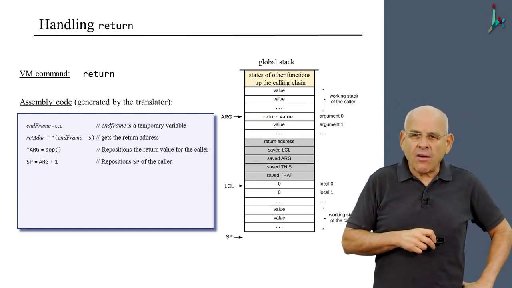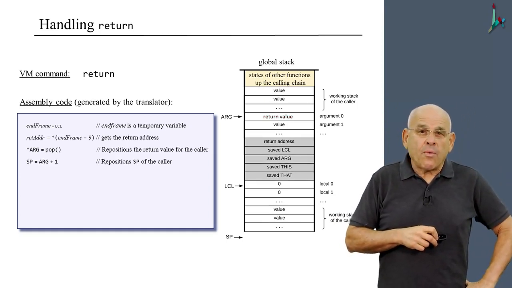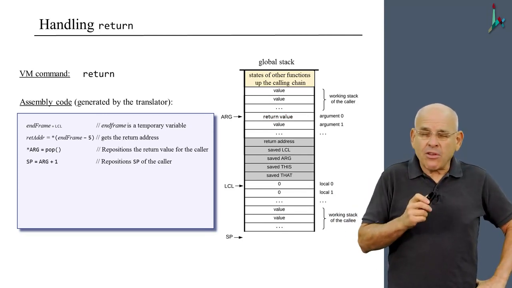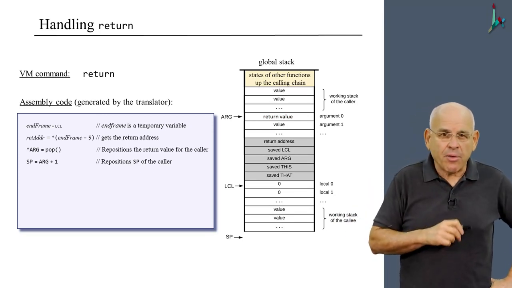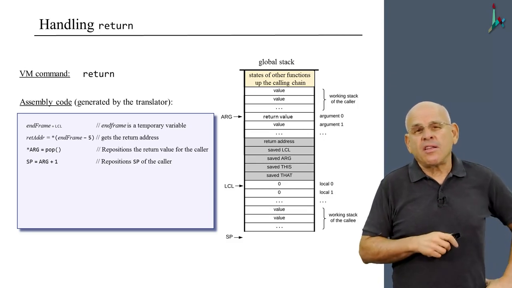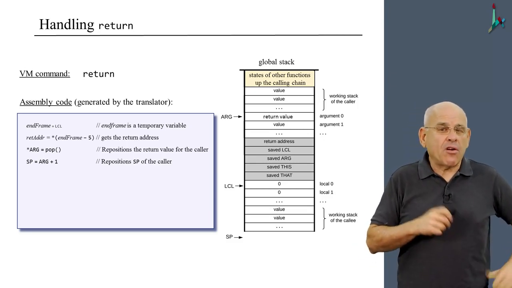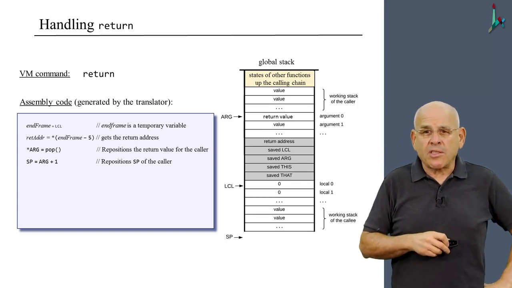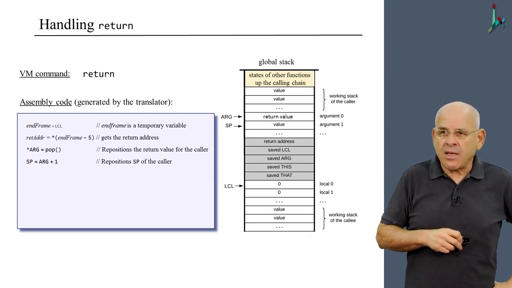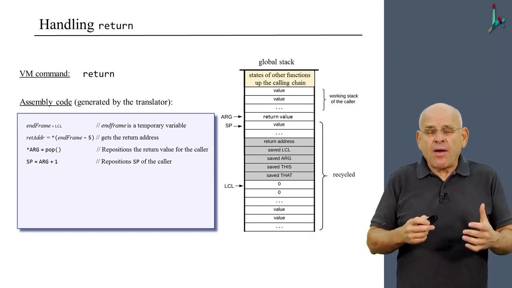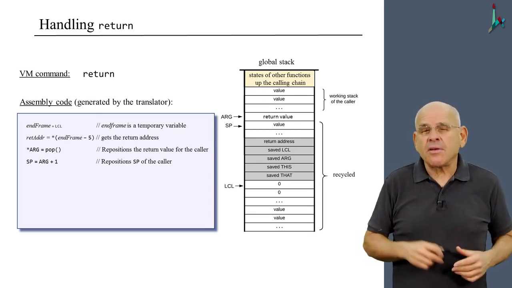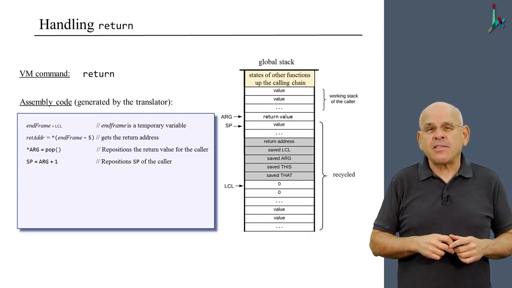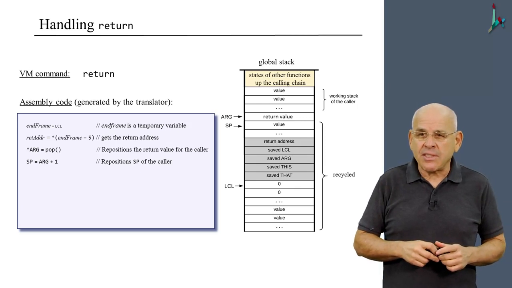All right, moving along, I know where the stack pointer should be. The stack pointer should be just after arg, because this is the view that the caller expects to get. The caller expects to see a return value and then continue to do his work. So SP becomes arg plus 1. And now I can begin to recover the various segments that I saved on the stack before.